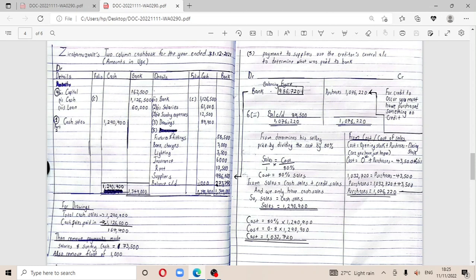So meaning this figure, we have now determined it. Now all we need to do is determine which side is more.